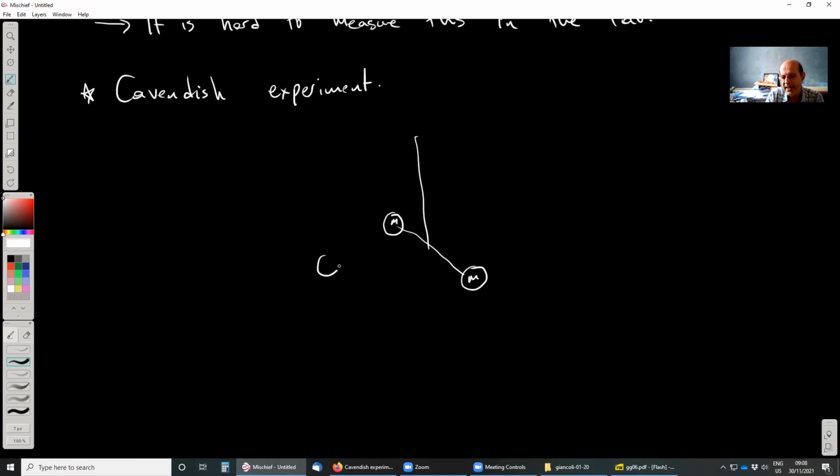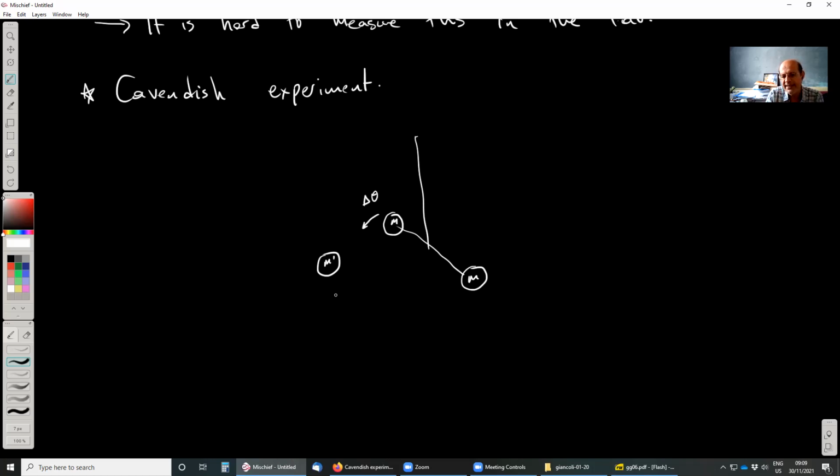So what happens is that you bring in some other object in here, and because of this weak force, this is going to slightly rotate, and you try to measure the amount of the rotation, because somehow you can relate this rotation to the force applied. So Cavendish was able to measure this force in the lab.